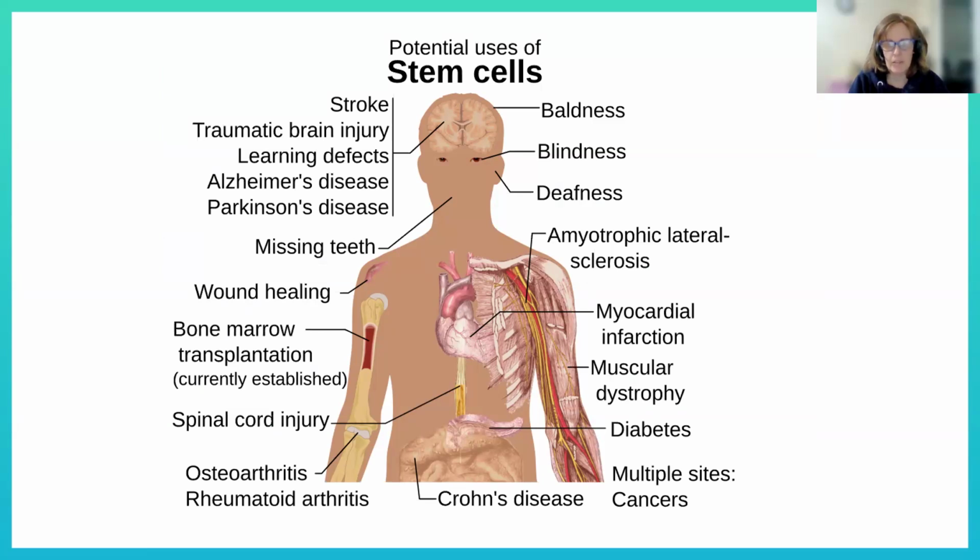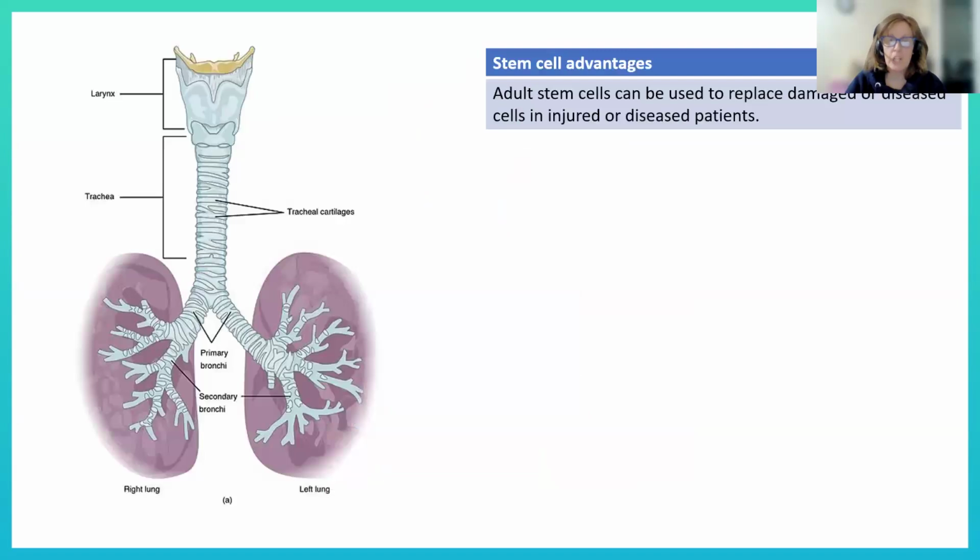So if we could get this to work well, it has got such huge potential for specialized medicine, which is tailored to the individual so that there's no rejection. And to just completely repair damaged tissues. And it could have a huge effect on aging as well.